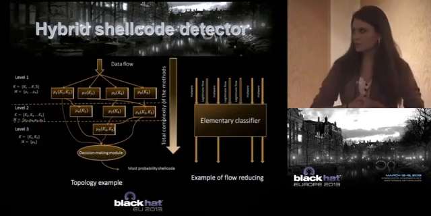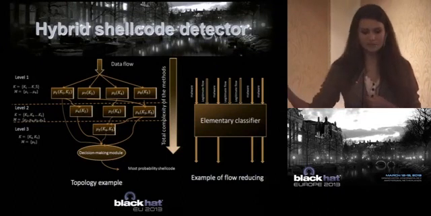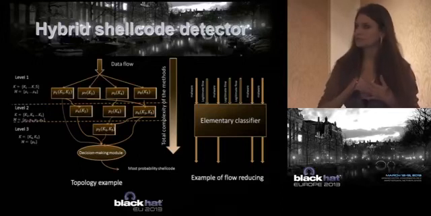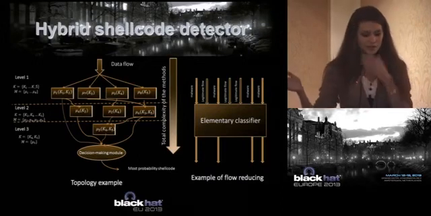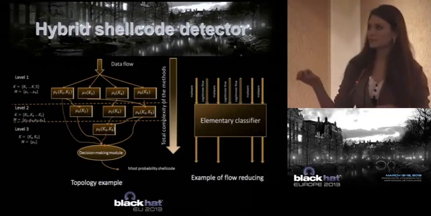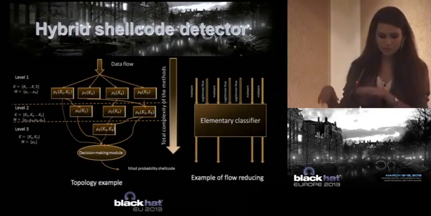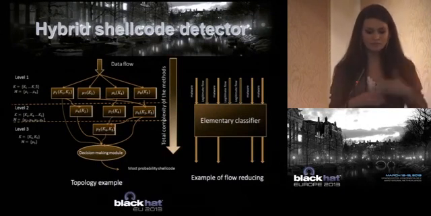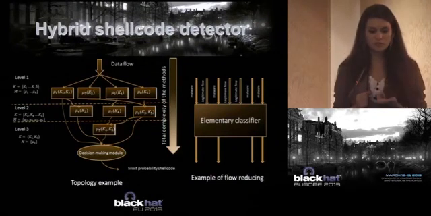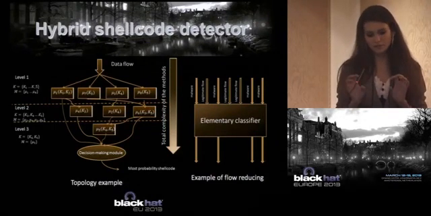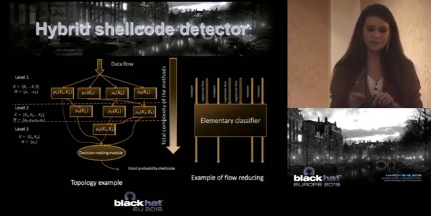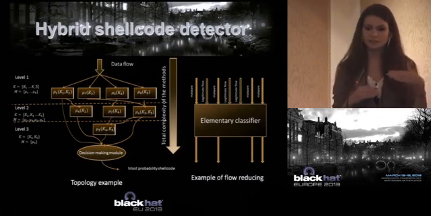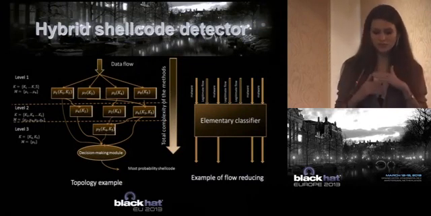We try to construct a directed graph where the vertices are represented by elementary classifiers and the arcs by data flow between elementary classifiers. Such a graph should have several levels, each represented by different elementary classifiers which detect different shellcode classes.